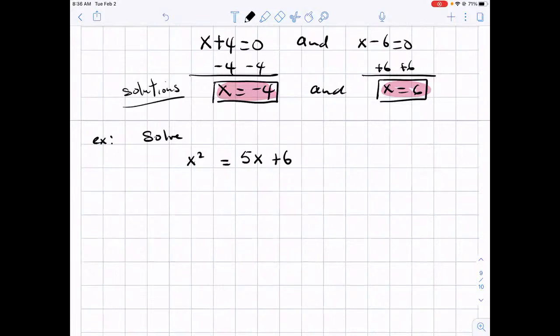So please observe, this is quadratic. Okay, it is quadratic because the highest power is 2. So we have to set it equal to 0.